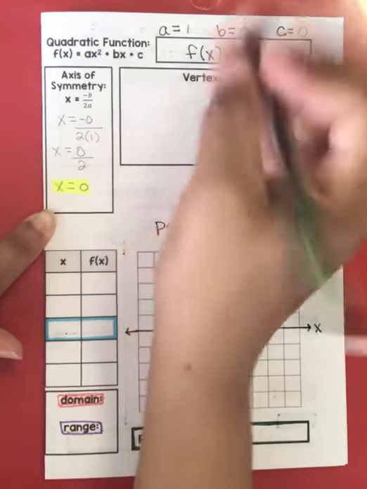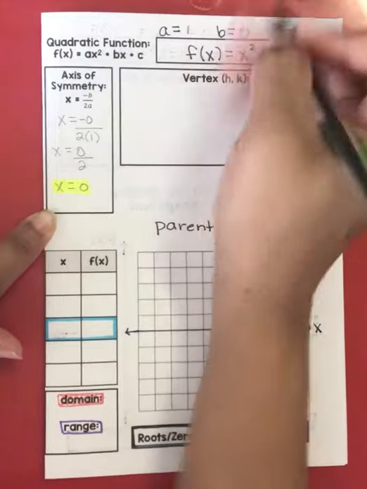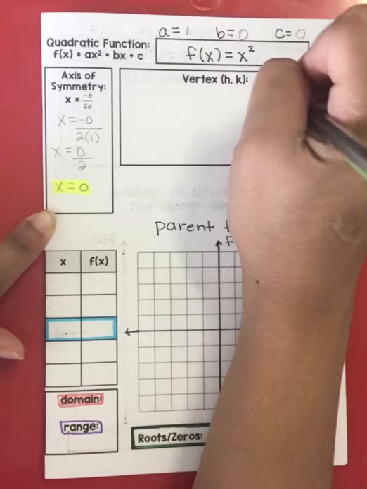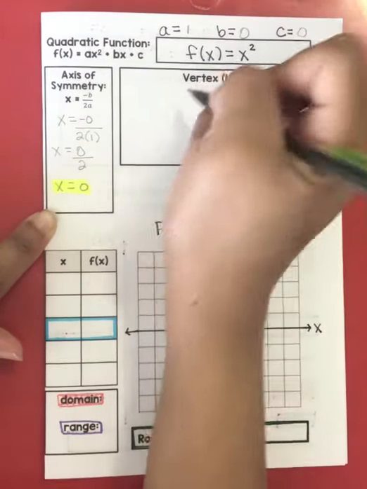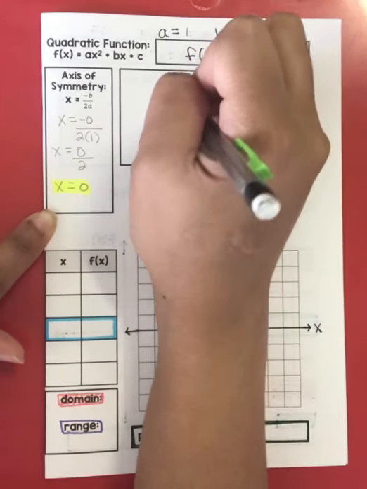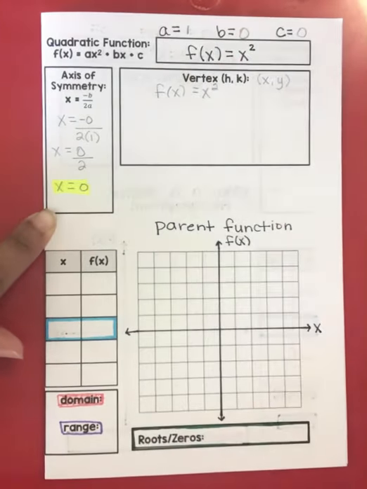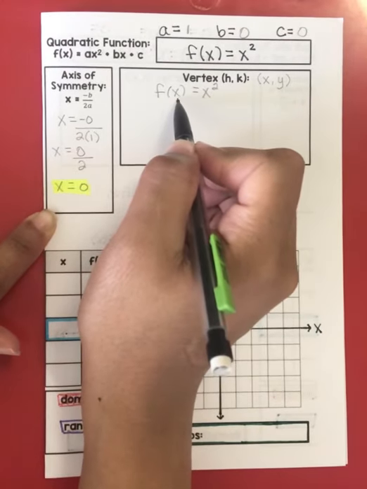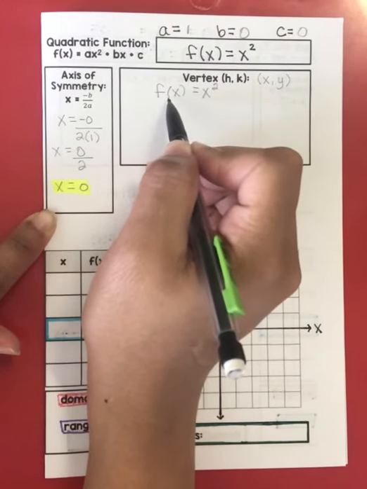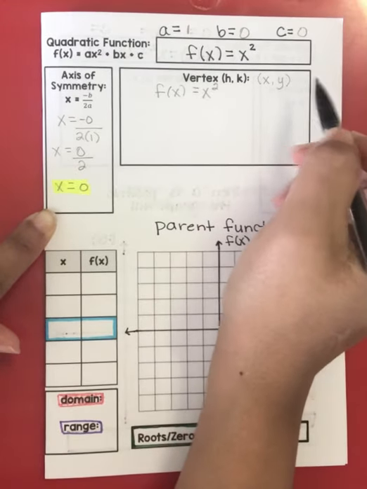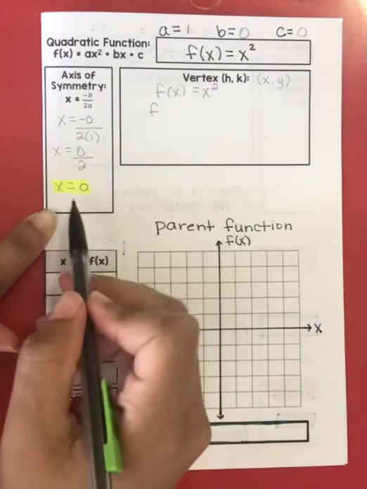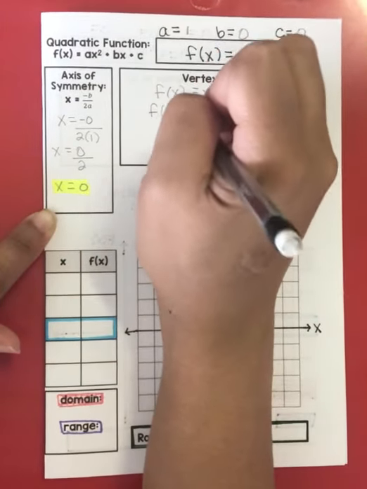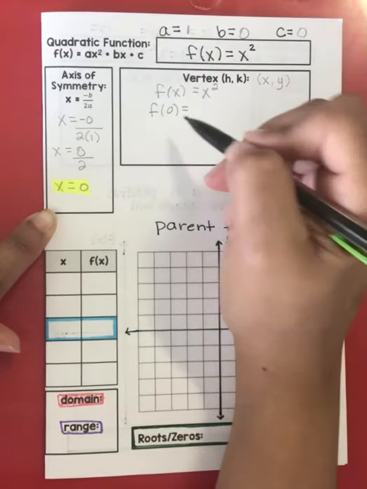Now, to find my vertex, they said it's h, k. h, k, guys, is nothing but my x and my y values. So I need the function that I began with. We're going to use function notation to find out what my f of x, aka y value, is for my vertex. So I take my axis of symmetry, which is my x value, that said was 0, and everywhere that I see an x in my function, I'm going to substitute it with a 0.